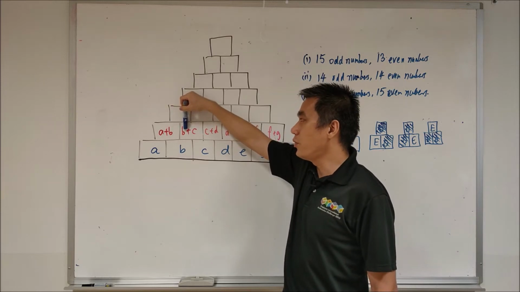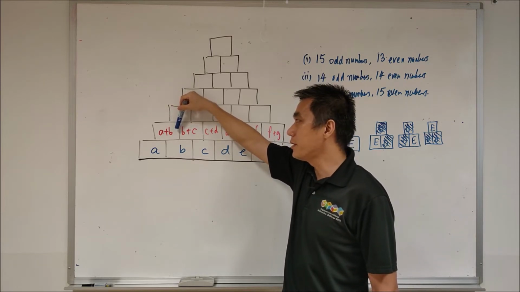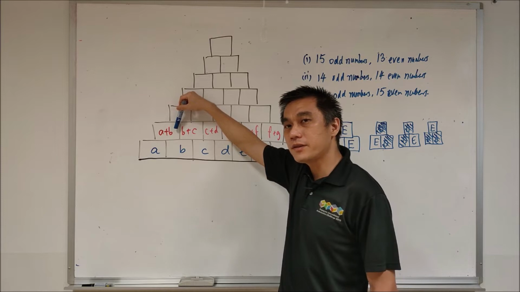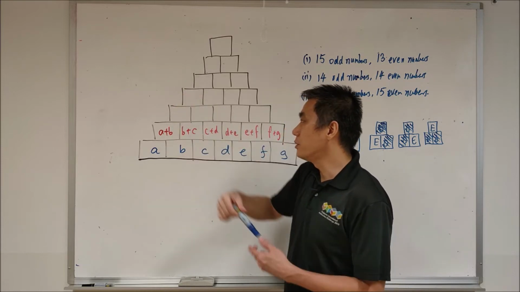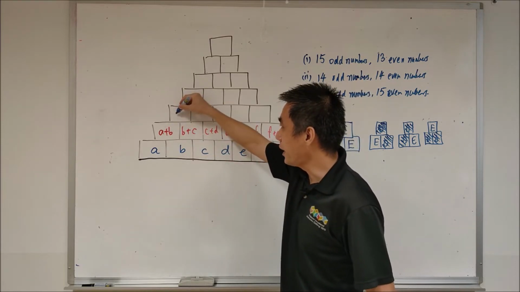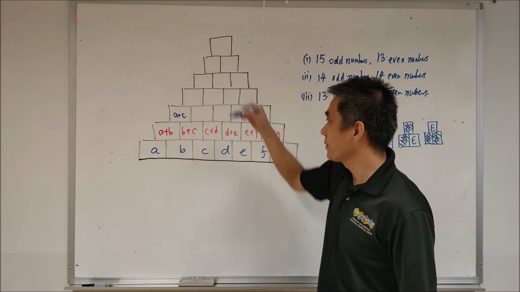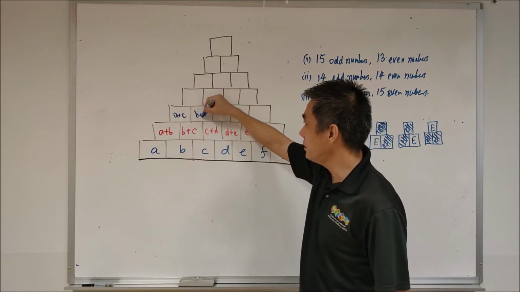Since 2B is always even, the parity of the number after you add an even number still remains the same. So we can ignore the 2B and this is A plus C. Likewise, B plus D.